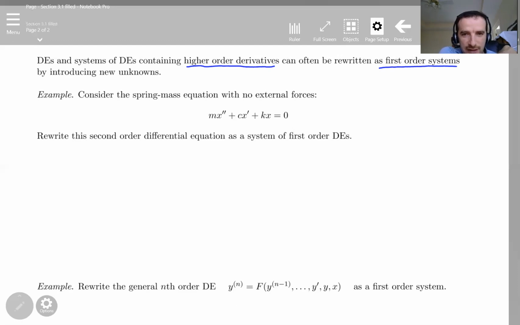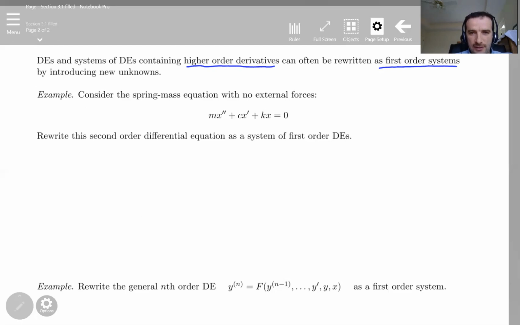Now let's try to rewrite this as a system of first order DEs. What is the order here? The order is 2, right? So I can rewrite this second order differential equation using 2 first order differential equations. What are they?